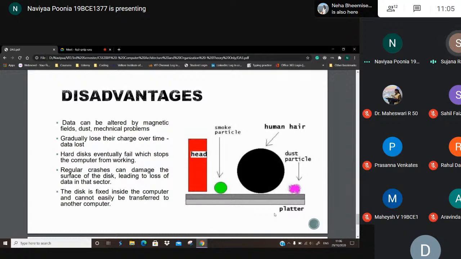The hard disk eventually also fails, which stops the computer from working, and regular crashes and damages can lead to loss of data in that sector. The disk is also fixed inside the computer and cannot be easily transferred, so they are not very portable and the mobility is very less for magnetic disks.